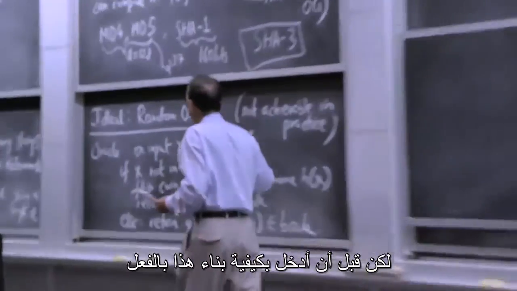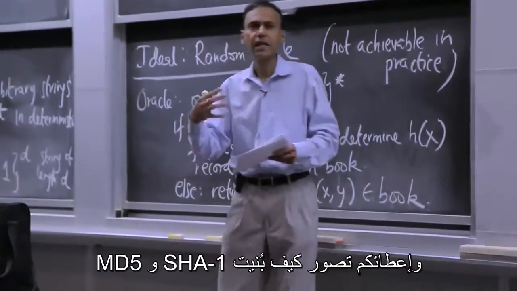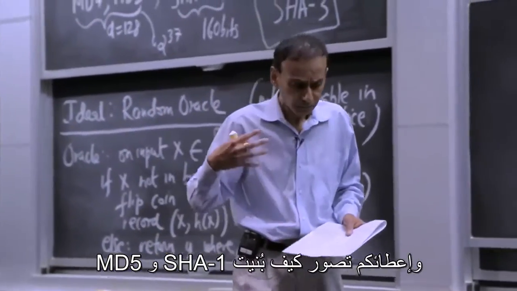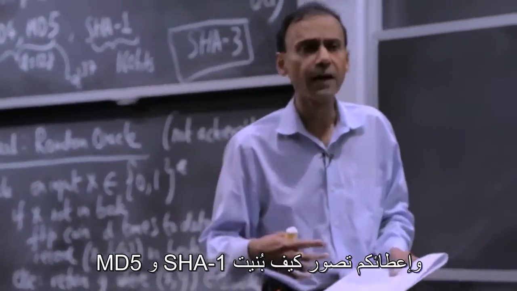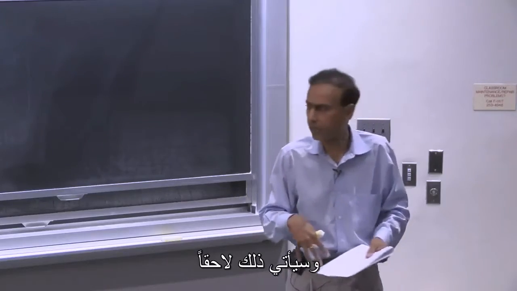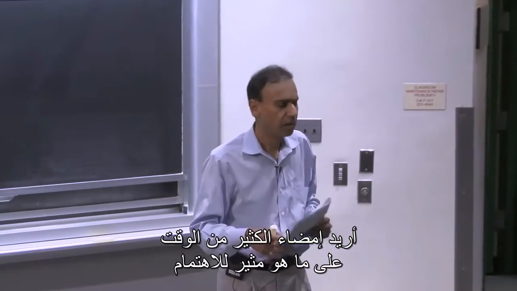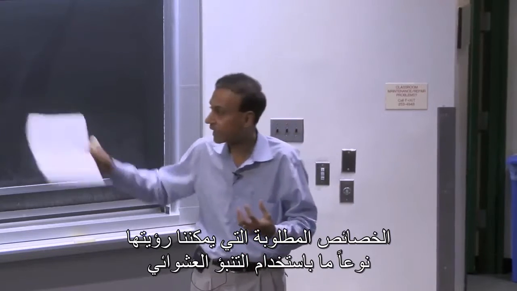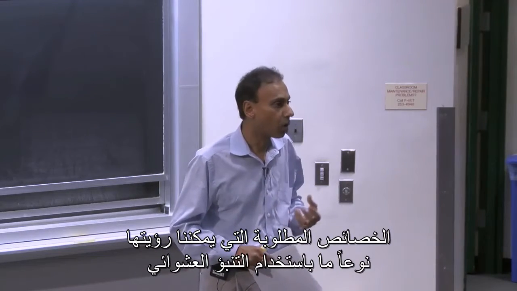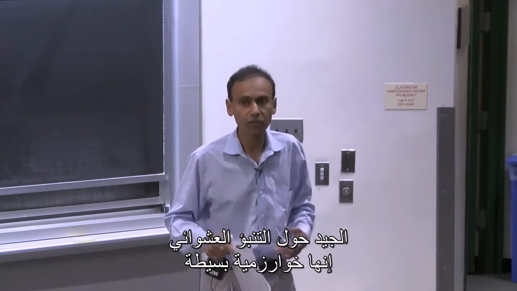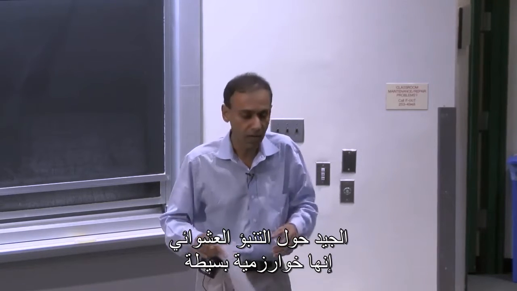But before I get into how we'd actually build this and give you a sense of how SHA-1 and MD5 were built, and that's going to come a little bit later, I want to spend a lot of time on what is interesting, which are the desirable properties, which you can kind of see using the random oracle. So what is cool about the random oracle is that it's a simple algorithm.